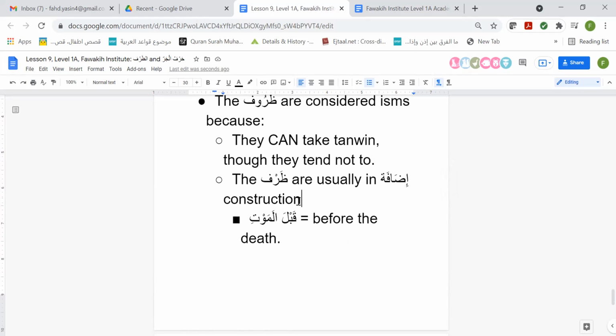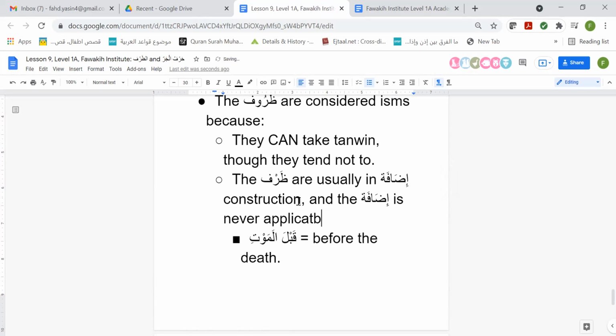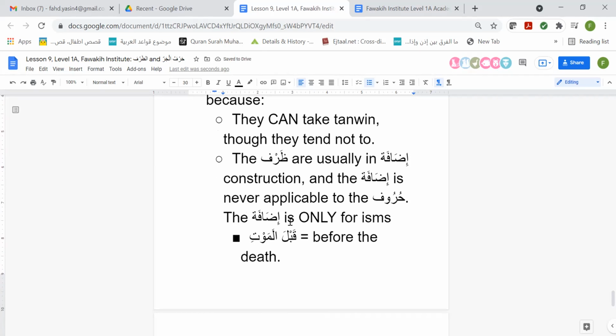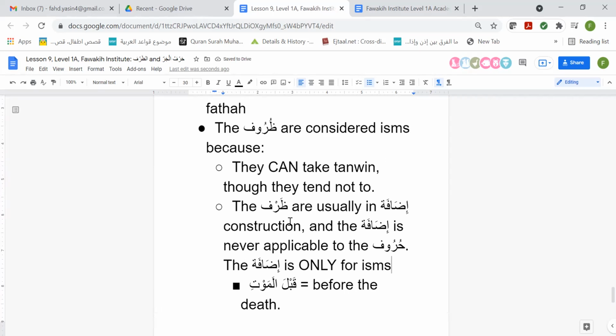Let me put it like this: idafa is never applicable to the huruf. The idafa is only for isms.